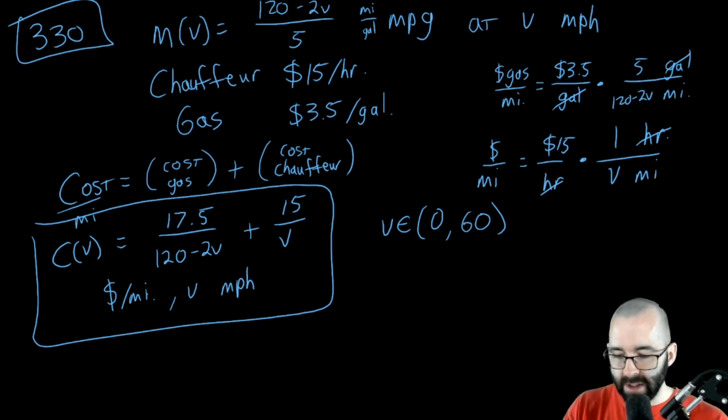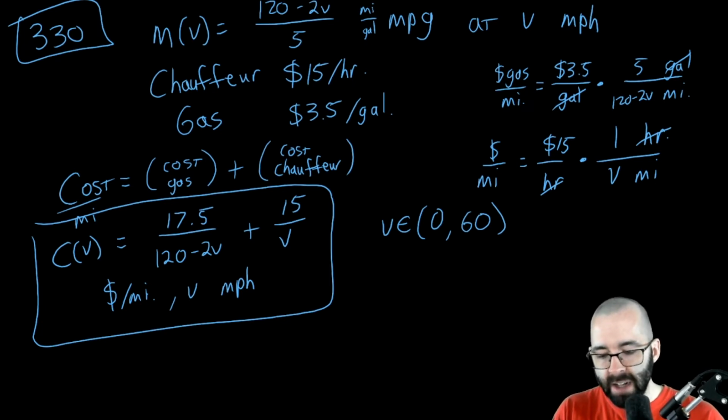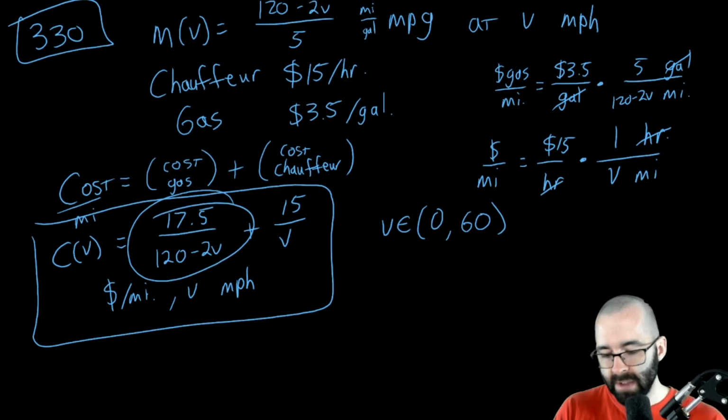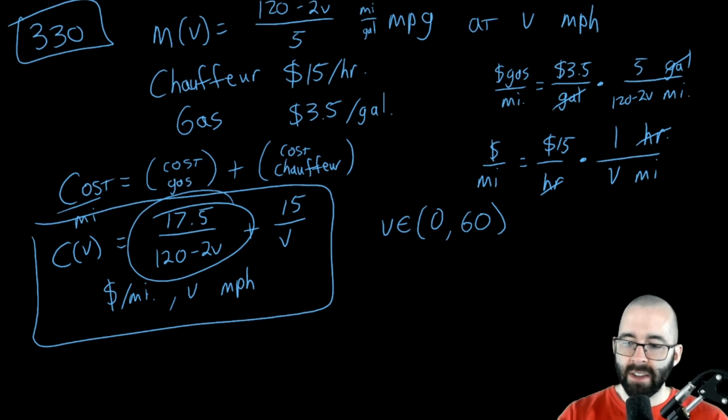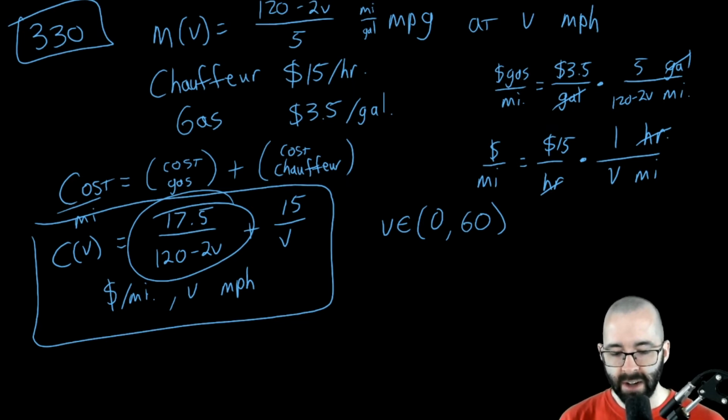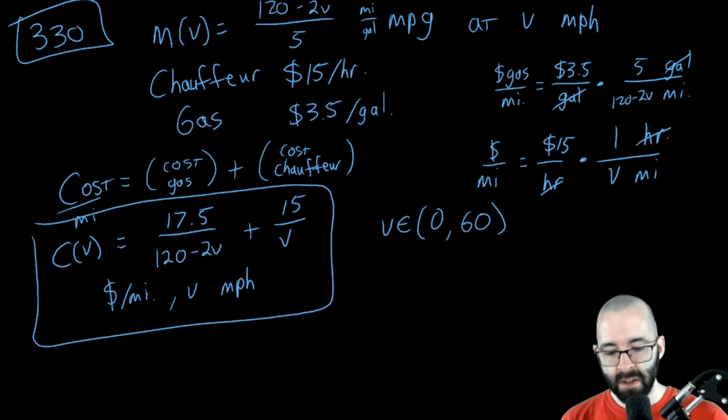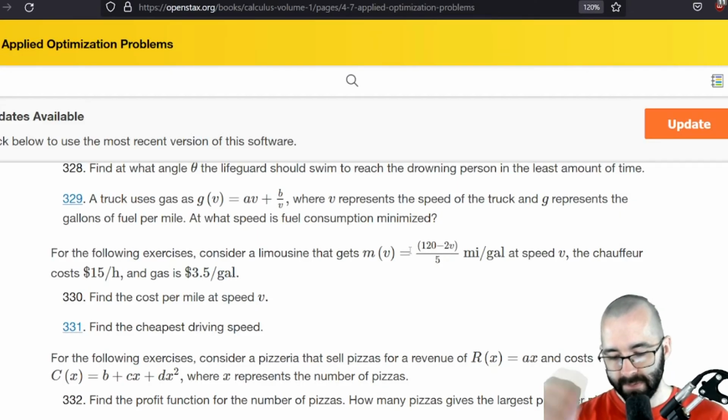It's a little unclear where that 60 comes from, but it has to do with this term right here. If V is 60, then the cost shoots to the roof again. This problem could be fixed very easily by saying this model is only valid for certain speeds. But this is your interval that you'll use for the next problem, 331.